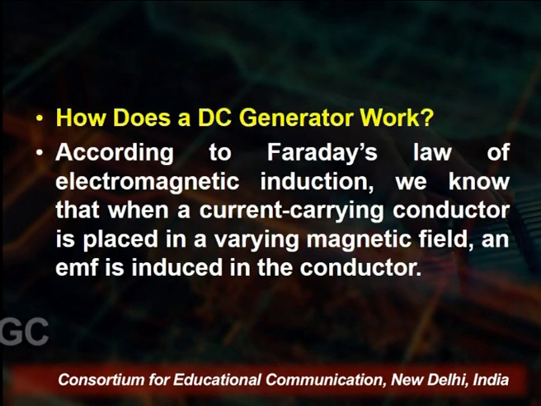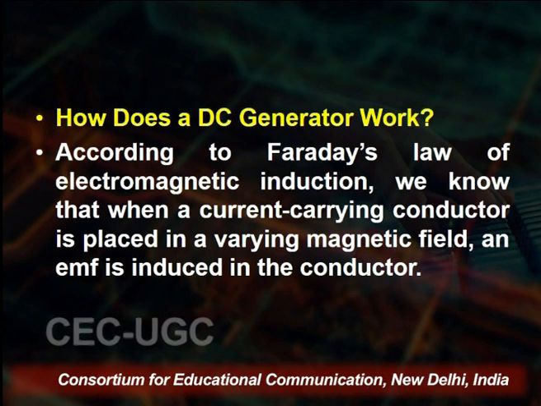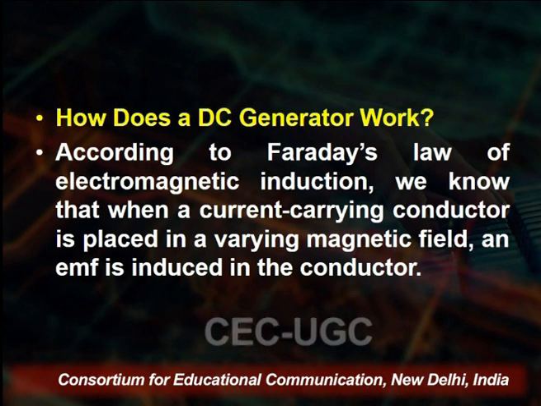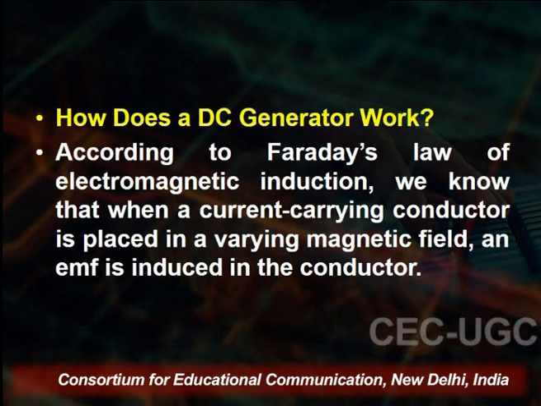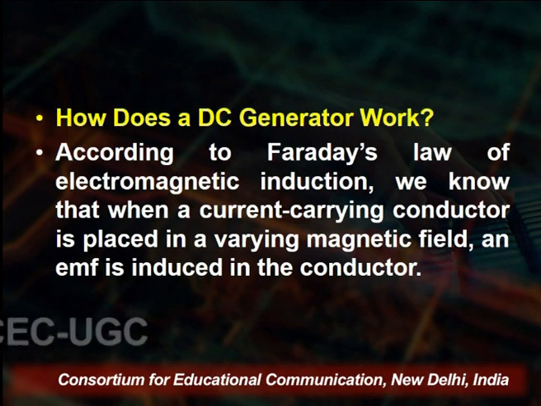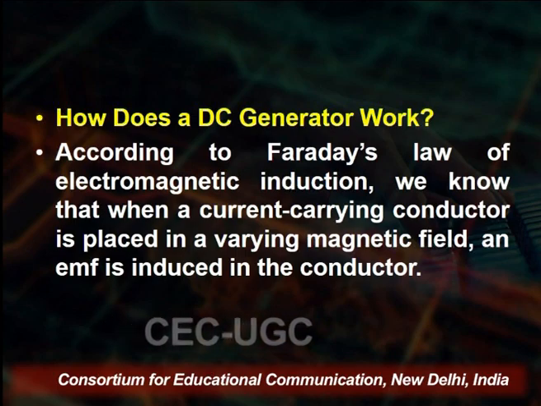Now, how does the DC generator work? According to Faraday's law of electromagnetic induction, which we already discussed, a conductor placed in a varying magnetic field has an EMF induced in it, and that induced EMF produces electric current, which is in the form of DC.